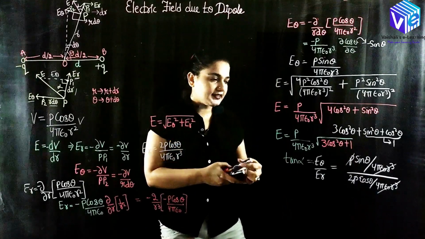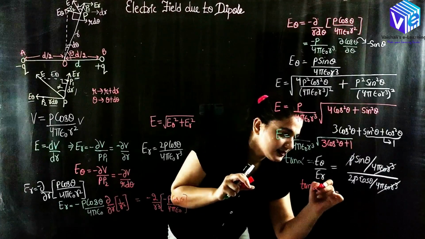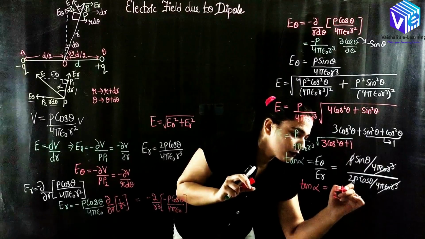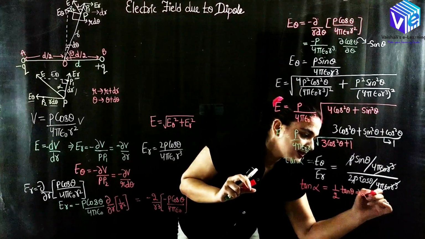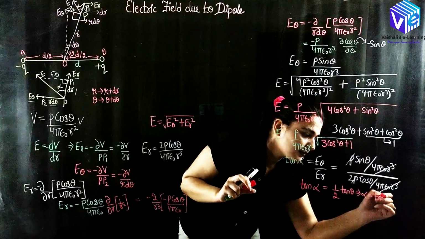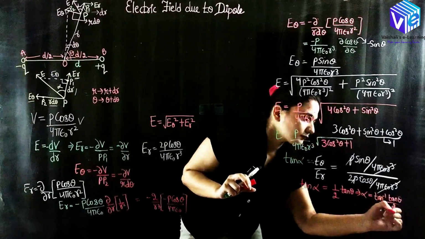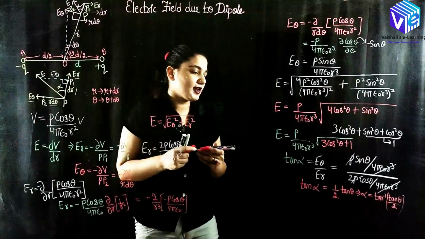I know what sin theta upon cos theta is. So tan of alpha is given as 1 upon 2 tan theta, or I can say alpha is tan inverse of tan theta upon 2. Okay, so this is how I can find out the direction as well.